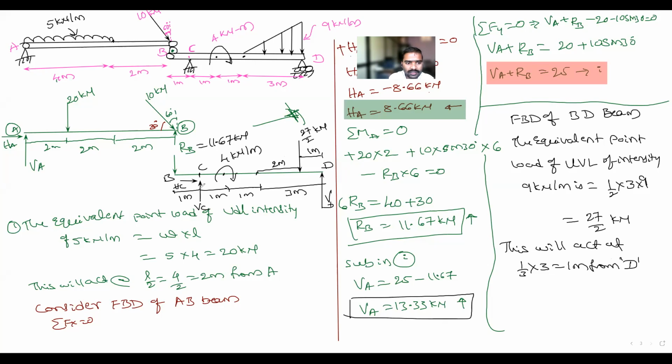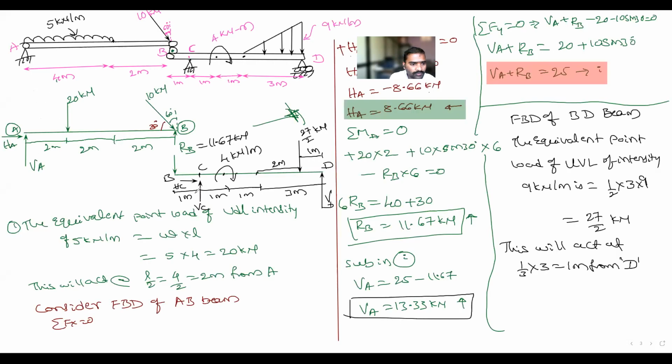Next, what to do? You have to apply sigma Fx is equal to 0. So HC is equal to 0. Then sigma Fy is equal to 0. What are the upward moving forces in this BD beam? VC plus VD is equal to the downward moving force, only 27 by 2.